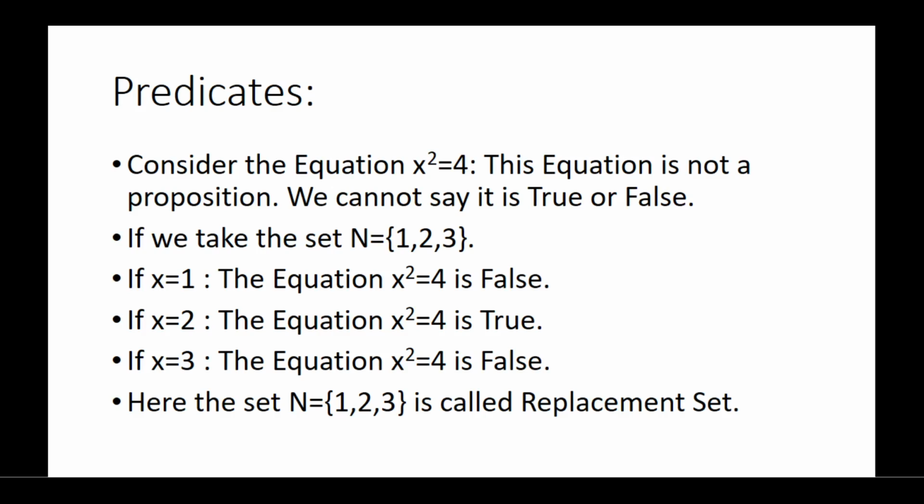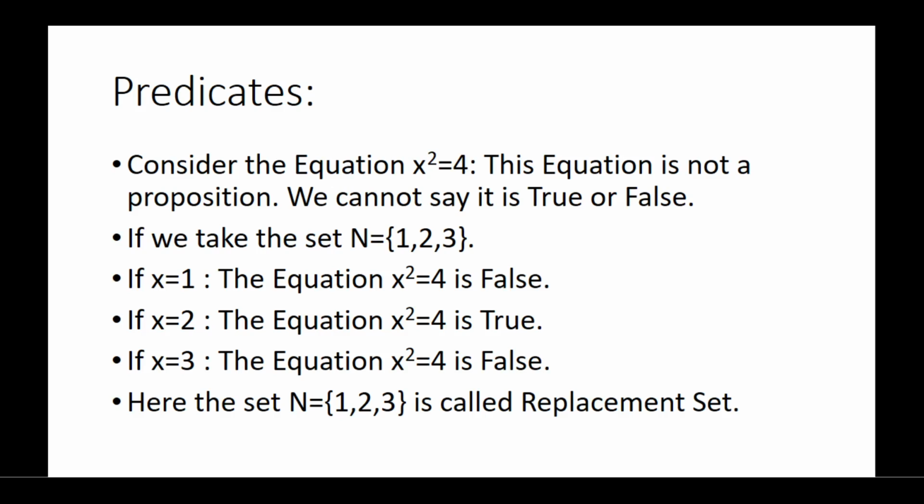When x equal to 3, it is a false statement. Thus, the statement x square equal to 4 is not a proposition, but when x in this statement is assigned different elements of N, we get different propositions. Some of them are true and some of them are false.